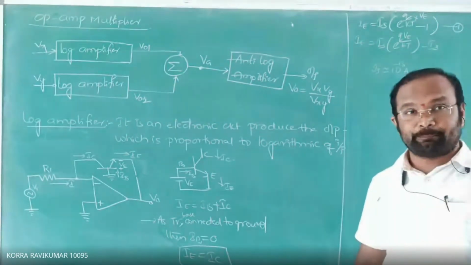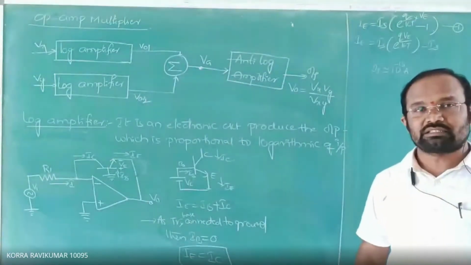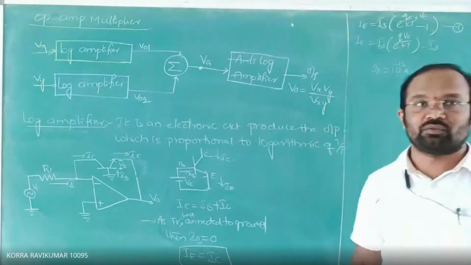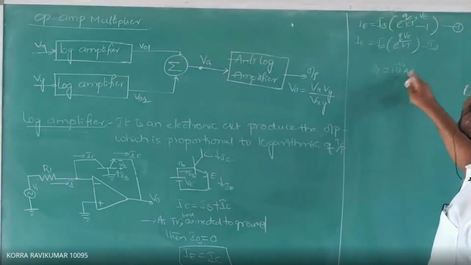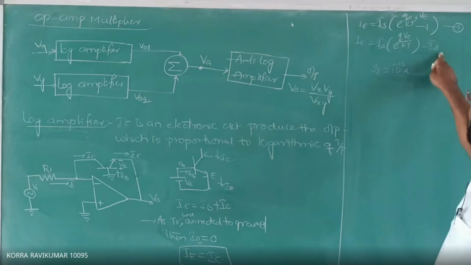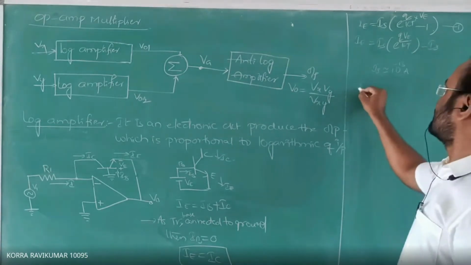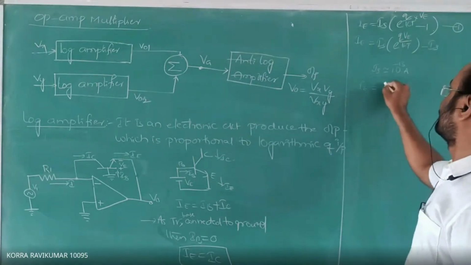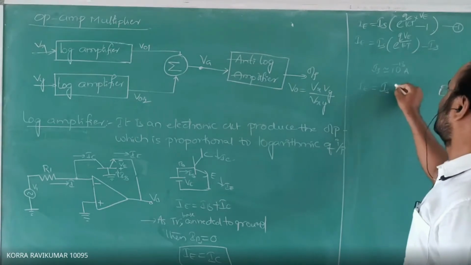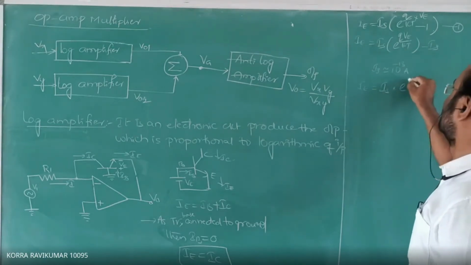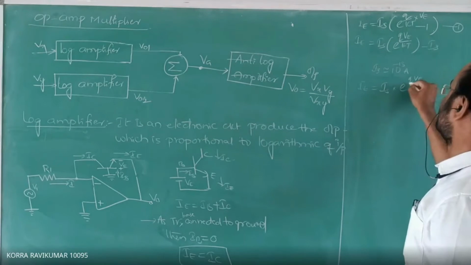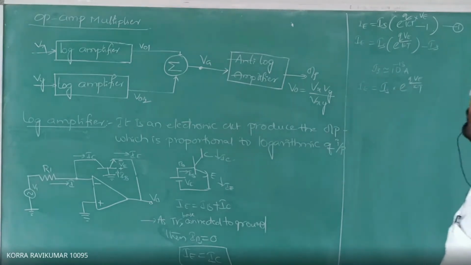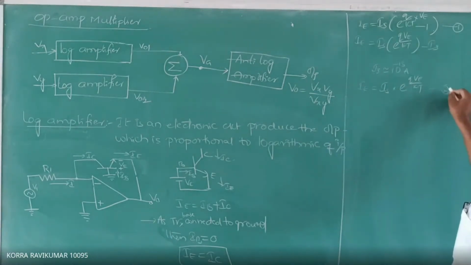It is picoamperes, which means it is a very negligible value. So neglect the IS value here in this expression. Then emitter current IE becomes equal to IS into e power Q into VE by KT. This is equation number 2.